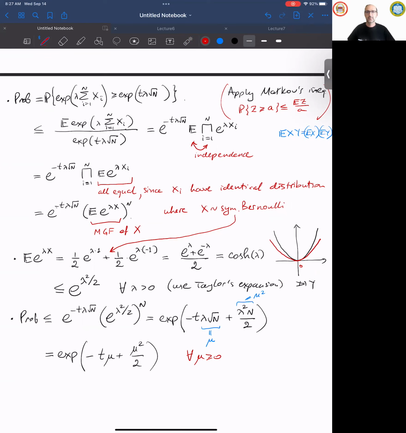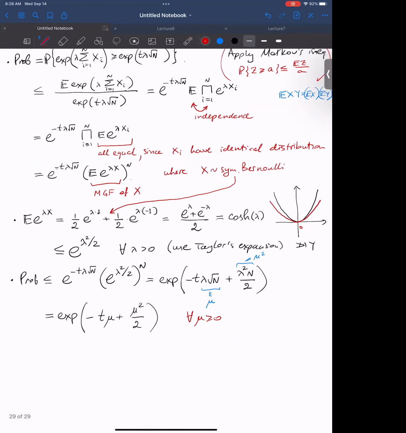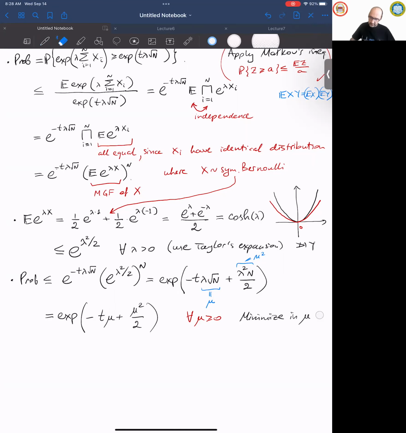What should we do now? Minimize by mu. Choose the best one, right? Mu is arbitrary, so we should choose the best one we like. Now minimize in mu. And this is easy, this is a quadratic equation.